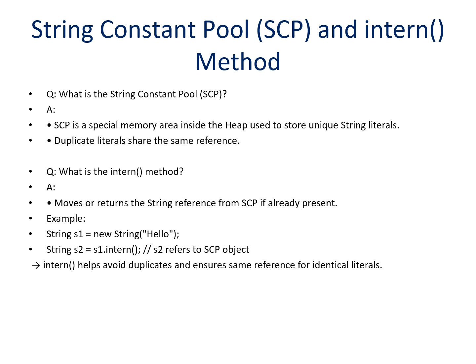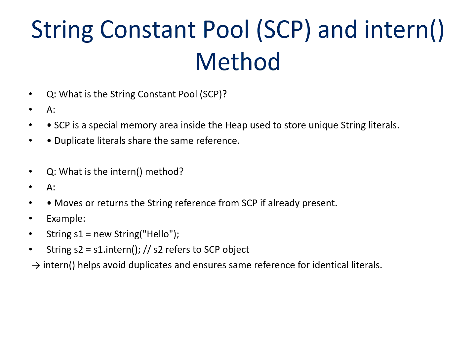So for example, we have String s1 = new String("hello"), and again we have String s2 = s1.intern(). So s1 is a separate object in the heap, and s2 will create the same object in SCP as well.